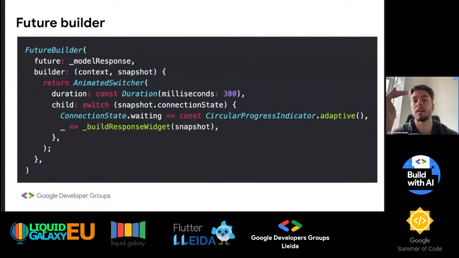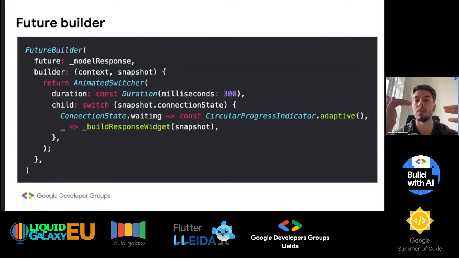So the FutureBuilder will receive a future, that is this asynchronous response, and we also have the callback called builder. We have the context and the snapshot. The snapshot is the model, or the object, that contains the status of the future, the status of the asynchronous value, and the value itself.